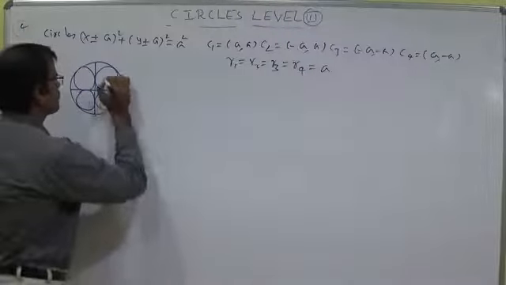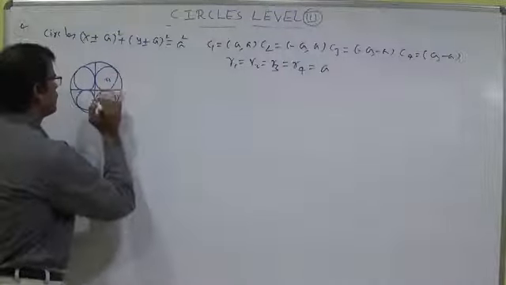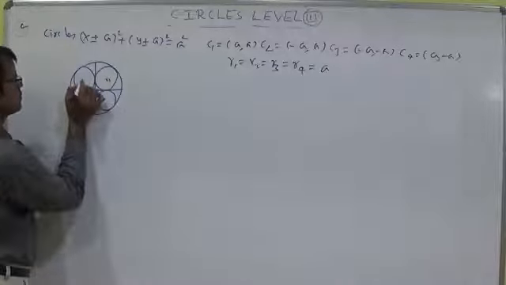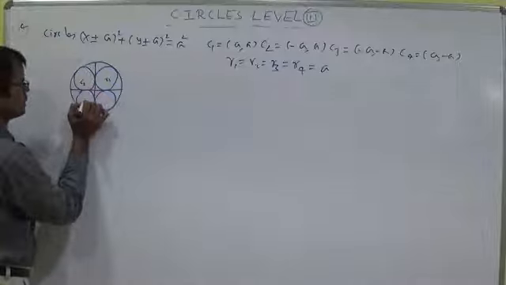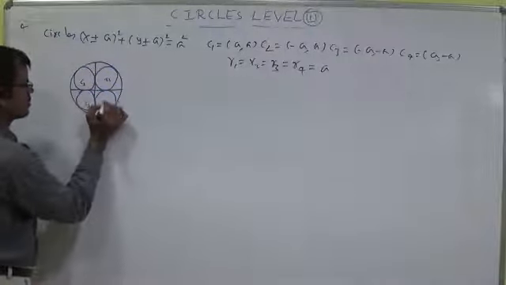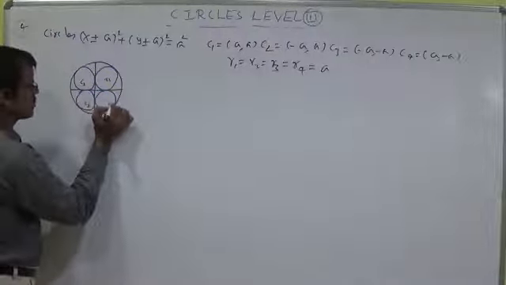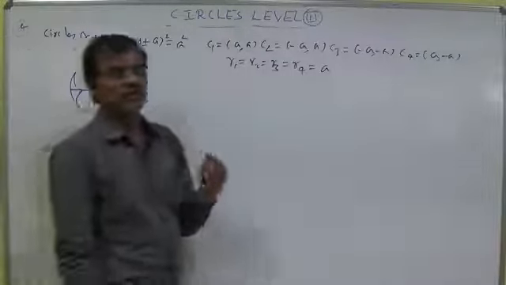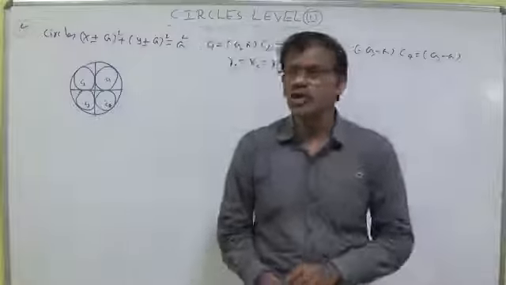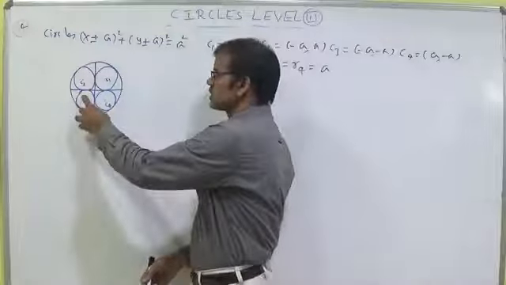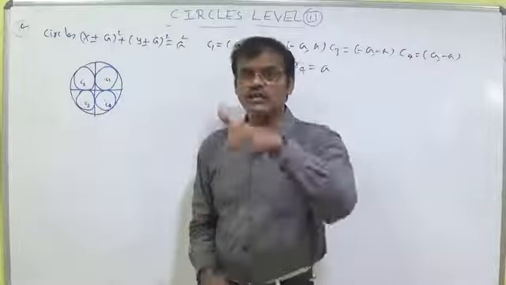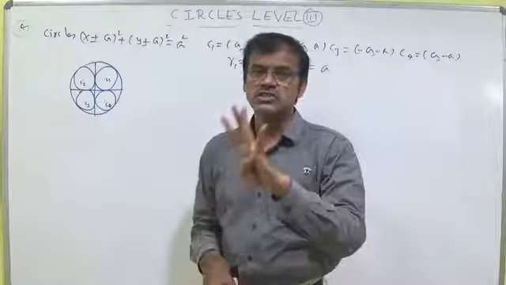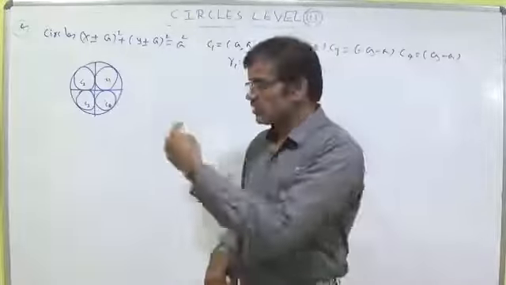Put here C1, put here C2, here this is C3, this is C4. Students, try to understand: four circles we have drawn like this, depending upon the coordinate axes. This is the first circle, second circle, third circle, fourth circle. The outer circle, whatever I drew, is the circle that touches all four circles.